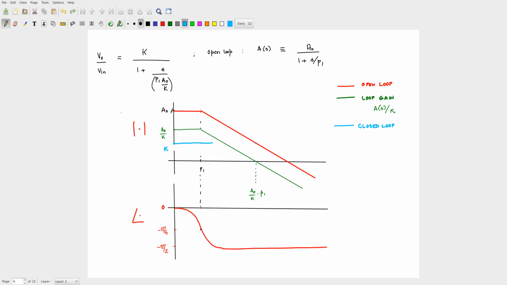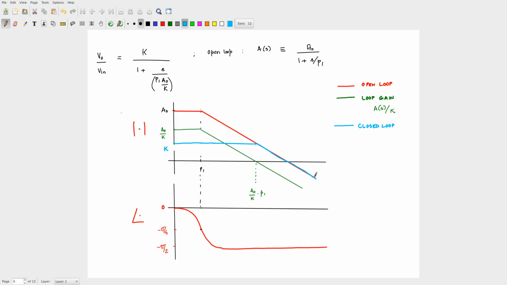So you can see you have gone from A0 down to K, which means you have gone down by a factor of A0 by K. So the corner frequency which is at P1 should go to the right by the same factor, to A0 by K times P1, which happens to be also this one. So it's actually here, right? We did all of this in detail on the board in the previous class, which we did not record, and we also did it in the quiz.